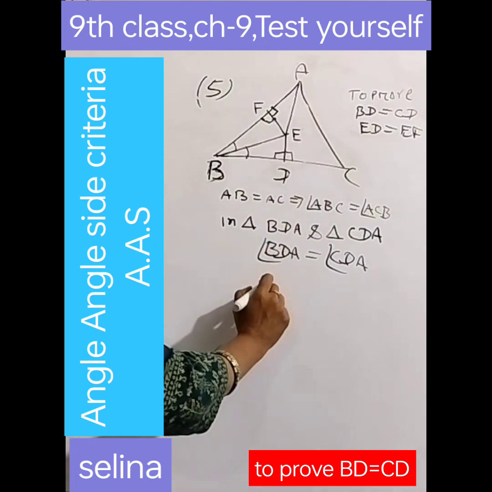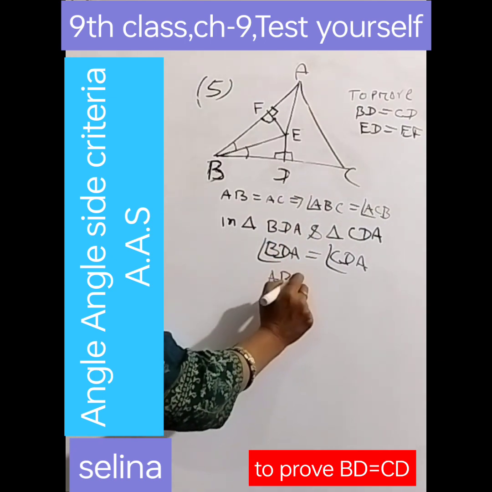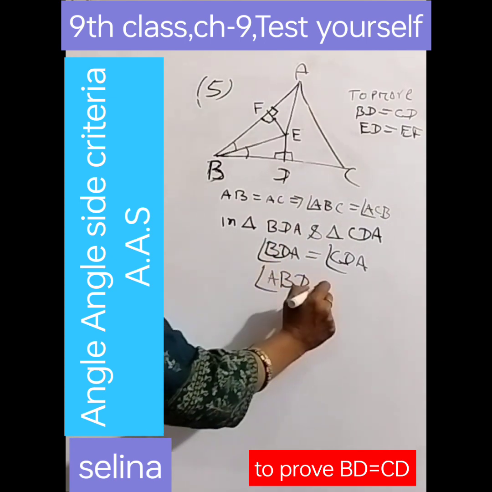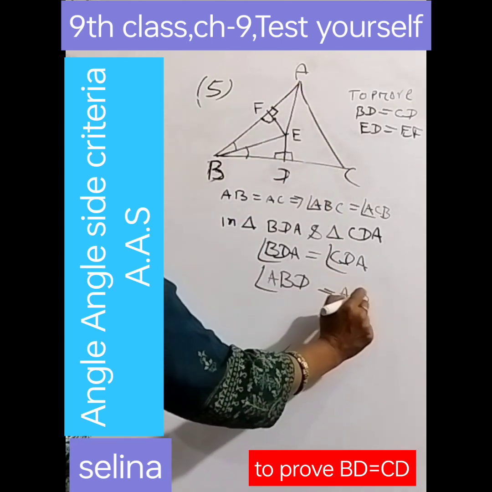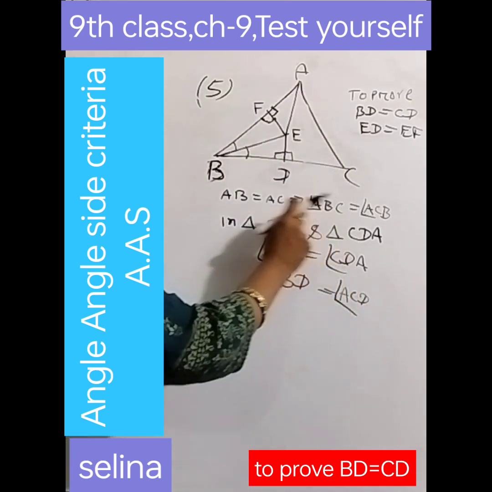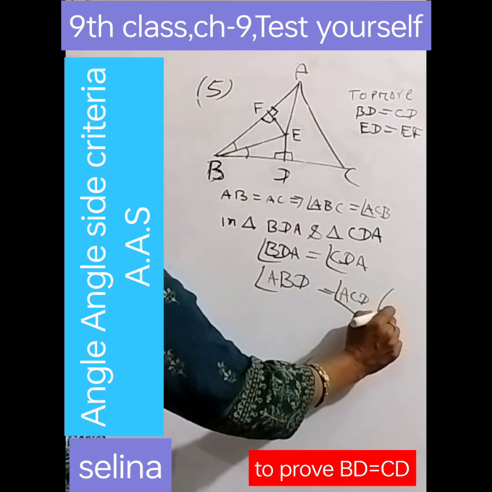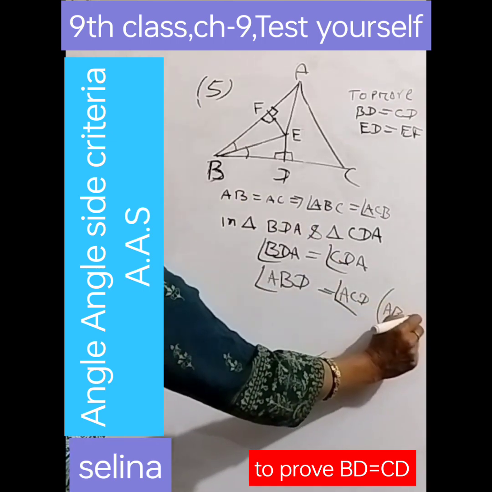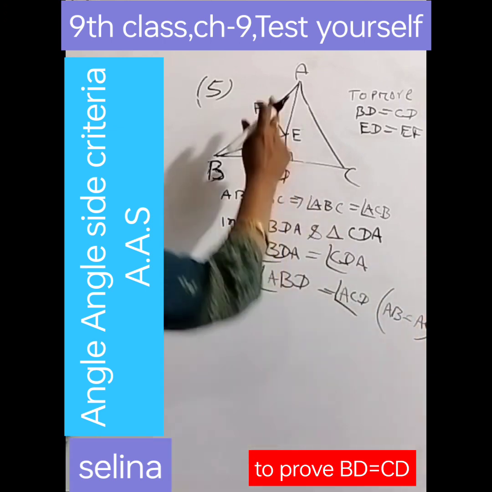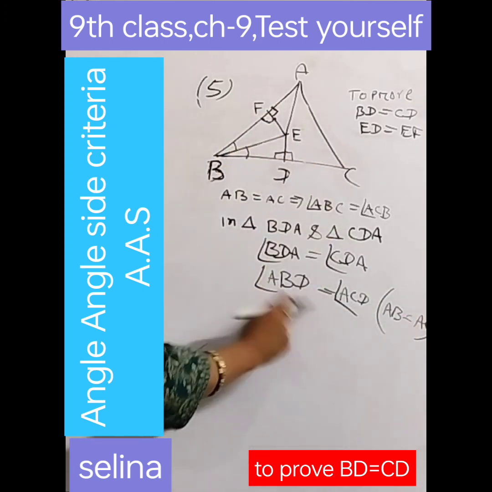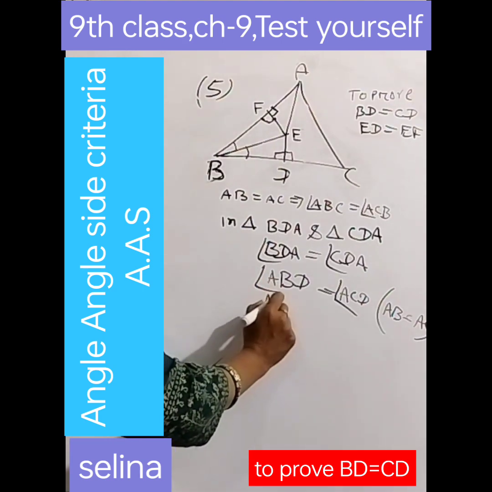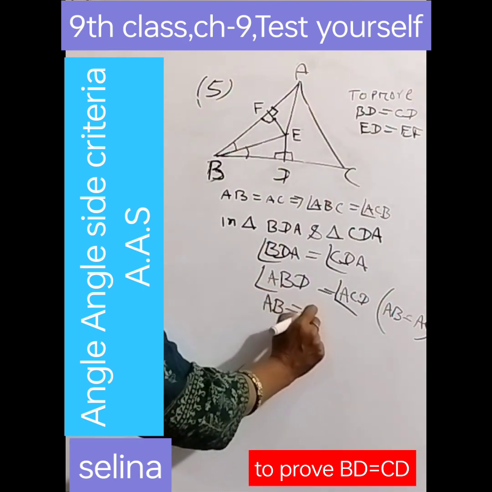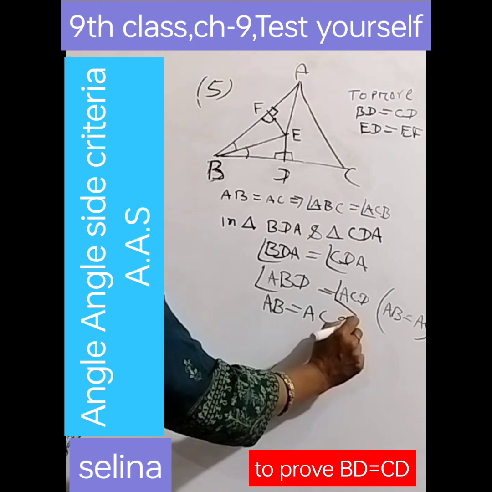Then this angle is also equal, angle ABD equals angle ACD. This is because AB equal to AC, so the opposite angles are equal. Now AB equal to AC, given.